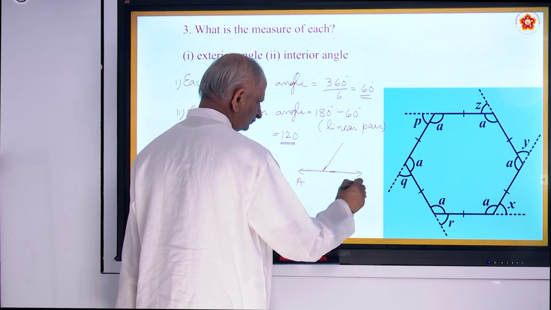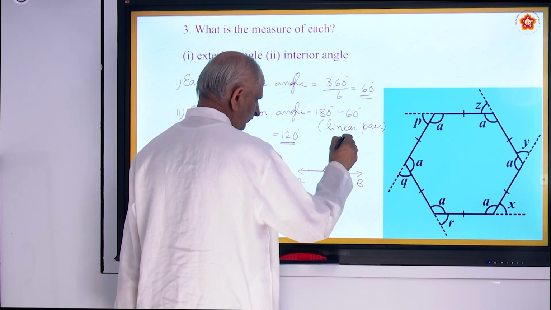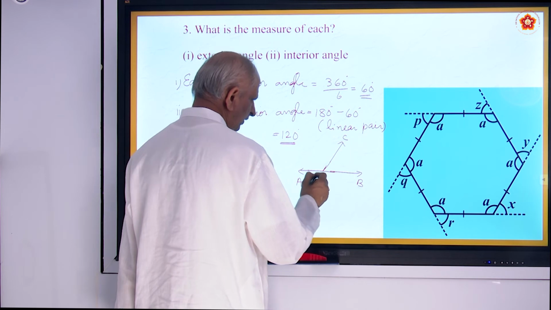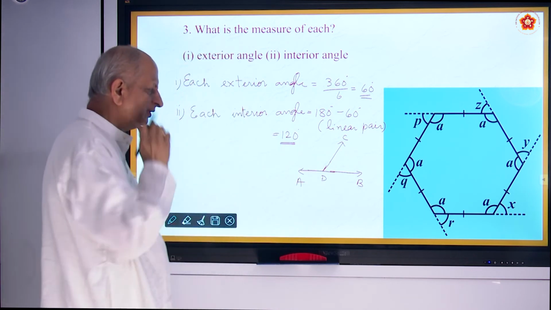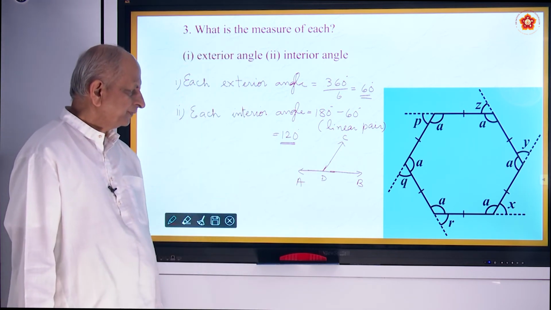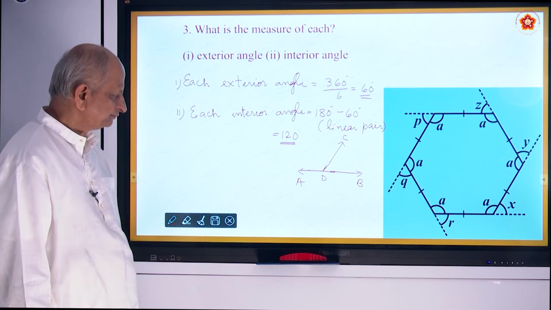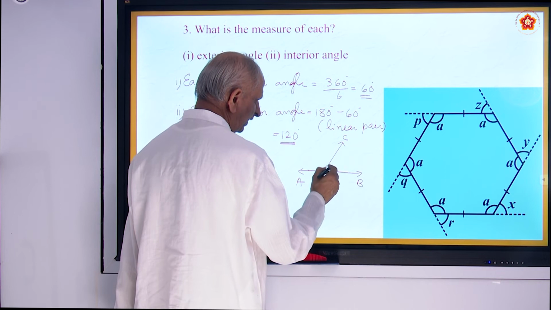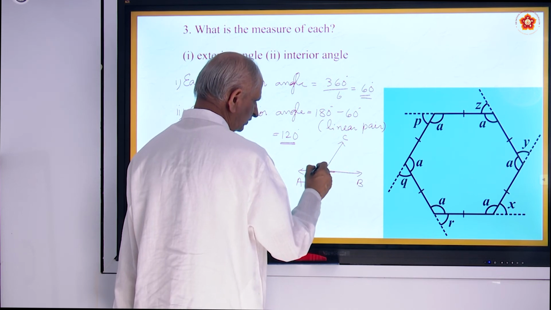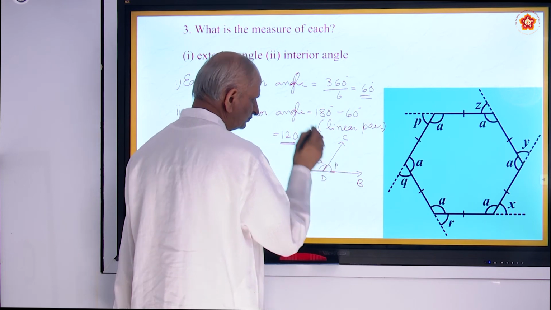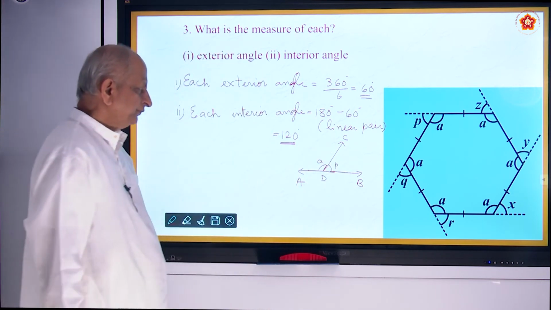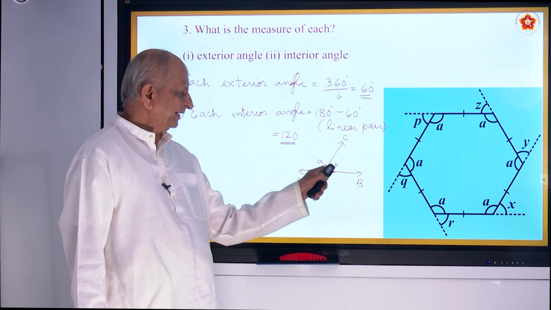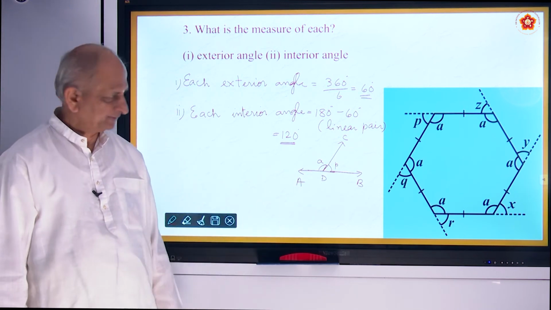Suppose a line segment CD stands on a straight line AB, and let us say A and P. This is called A, this is called P. The sum of angle A plus angle P will be 180 degrees.